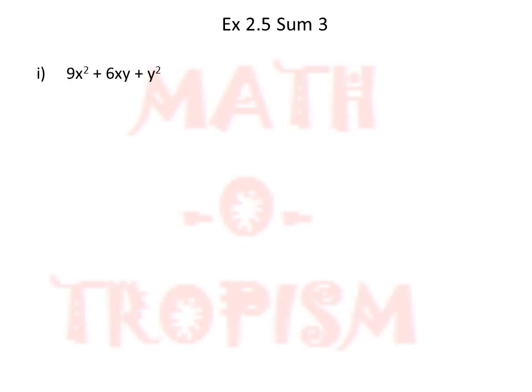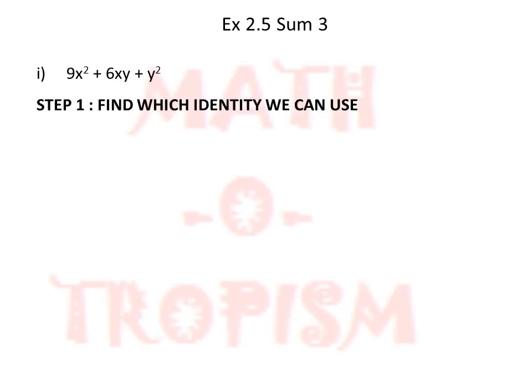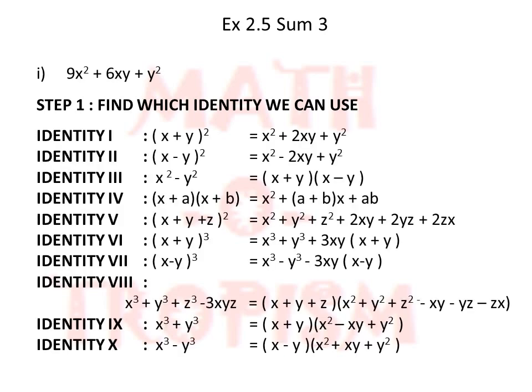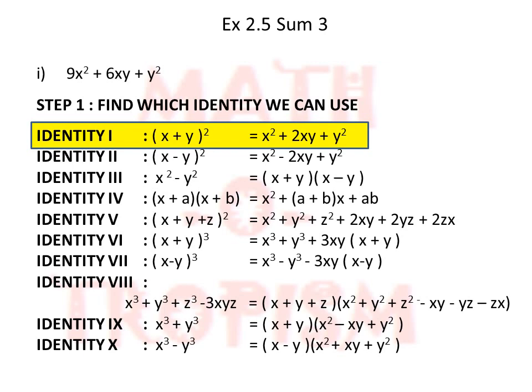The first one is 9x square plus 6xy plus y square. So we know that there is an x square term, a y square term, and the middle term is an xy term. All are addition, so it means a plus identity only is going to come. There is no negative sign over here. My first identity is x plus y the whole square is x square plus 2xy plus y square.